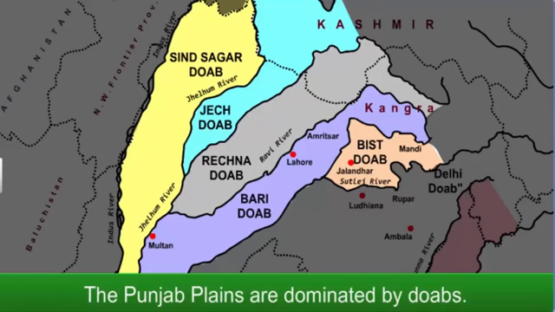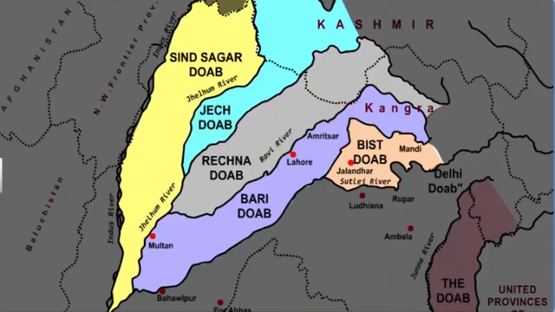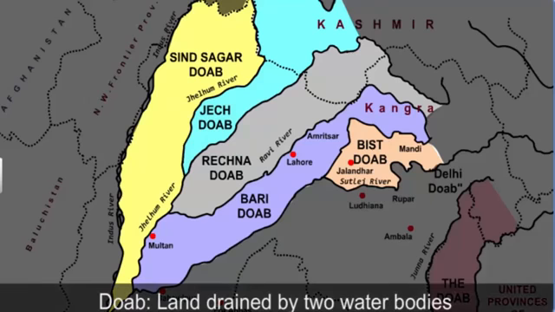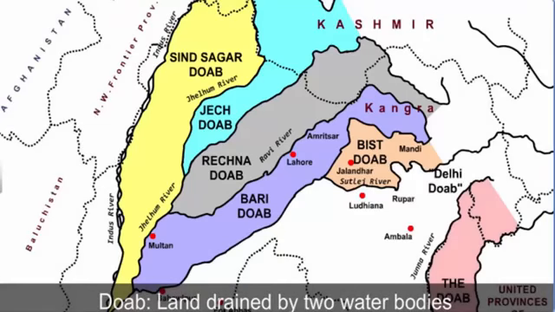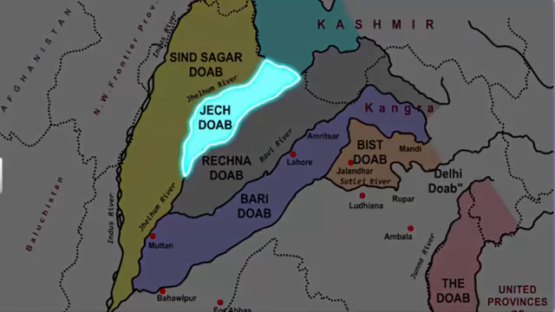Do means two and ab means water. So, a doab is a piece of land drained by 2 water bodies. The map shows the doabs that comprise Punjab. For example, Jech Doab lies between the Jhelum and the Chenab river.